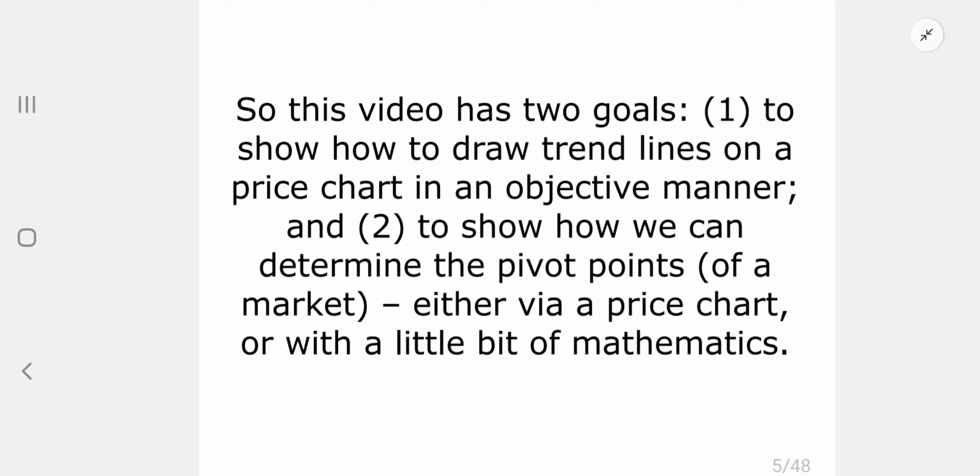Number one, to show how to draw trend lines on a price chart in an objective manner. And number two, to show how we can determine the pivot points of a market either via a price chart or with a little bit of mathematics.